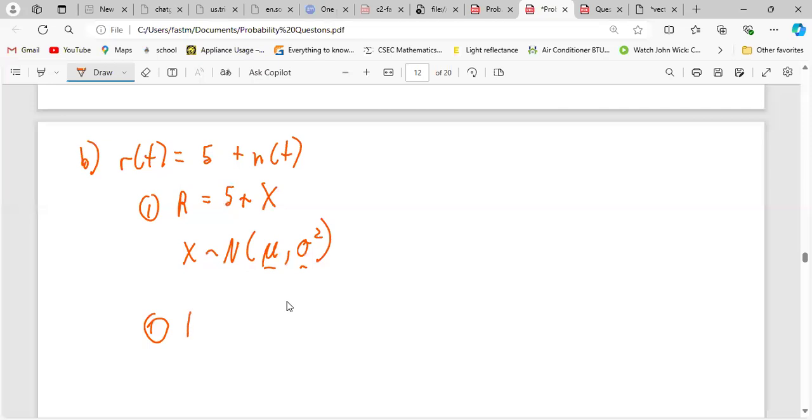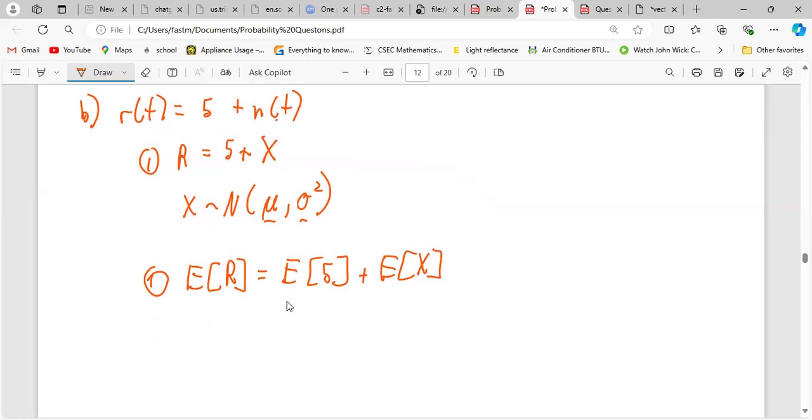So it would just be the expectation of R, which is the expectation of 5 plus the expectation of X, right? Because remember, X is N at T, and 5 is 5, and R at T is R. That's what we're trying to find.